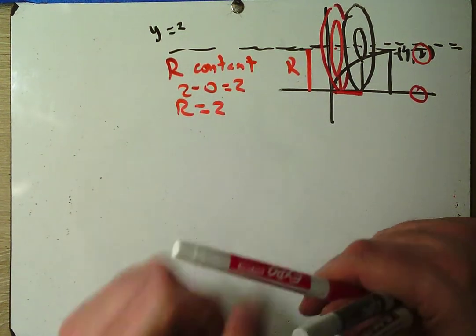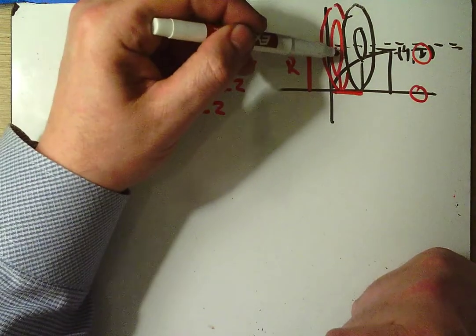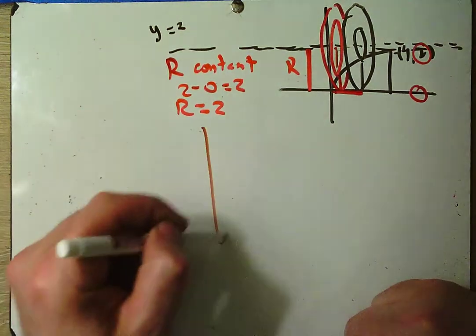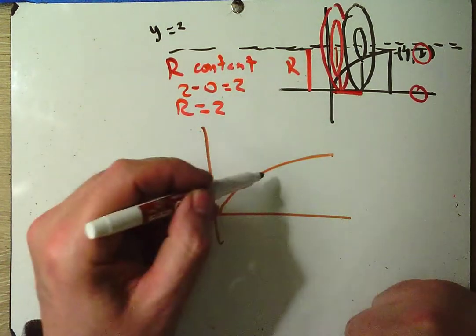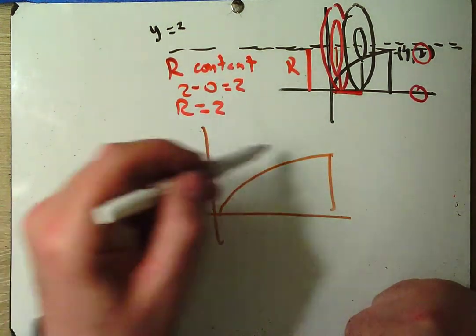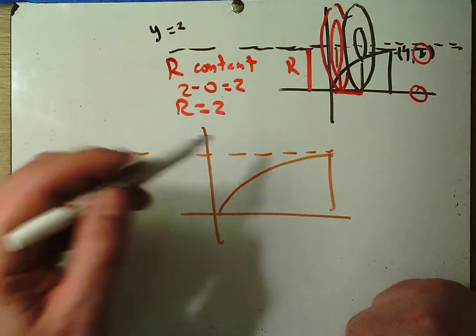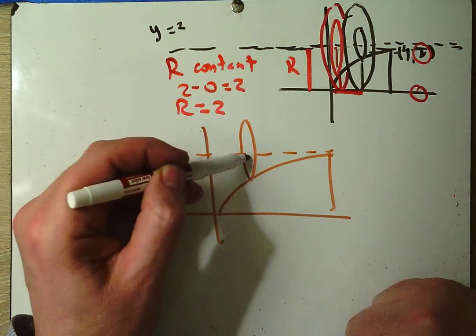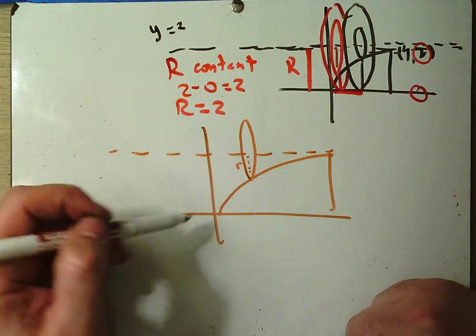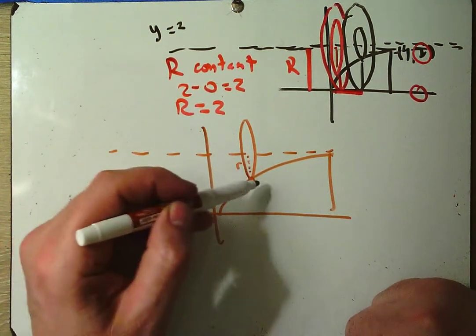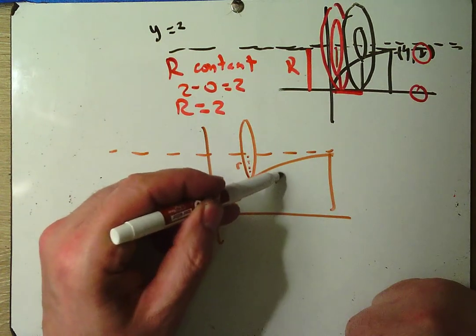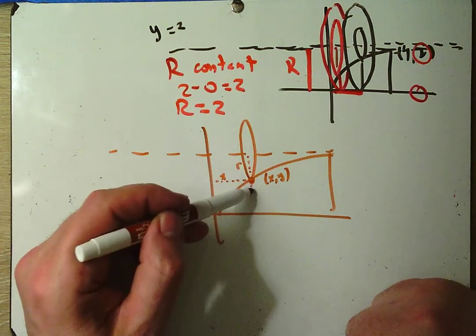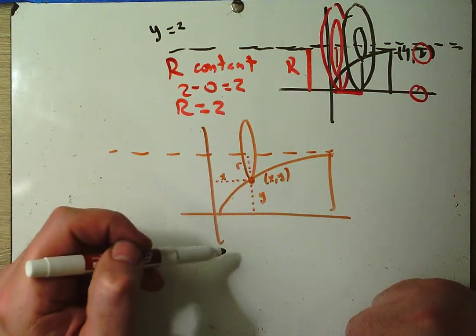What about little r? What's little r in this picture? Little r is this distance. Yeah, I'm going to draw it again. So, axis of rotation. And there's little r. Well, remember before we said that this was an xy ordered pair, and that this amount was x and that this amount was y?